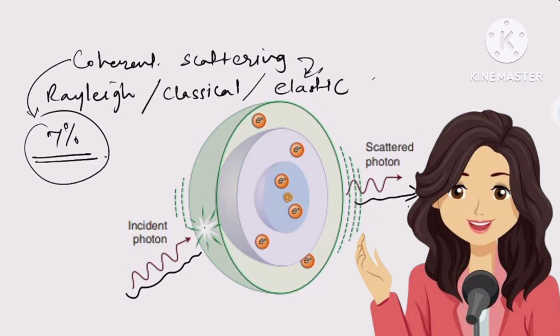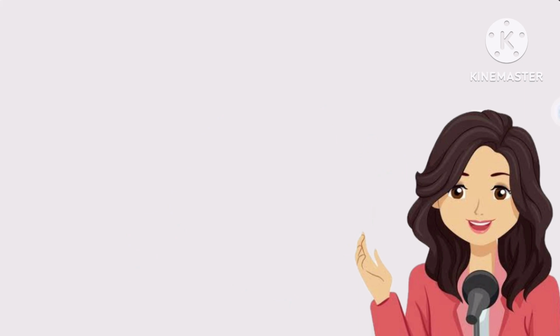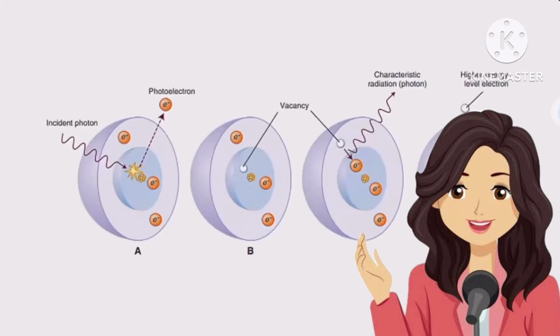This is coherent scattering. Now, what is photoelectric absorption? This is very important to study the harmful effects of radiation. Here, the incident photon comes and hits the inner orbital shell. We discussed the same concept in characteristic radiation, right?